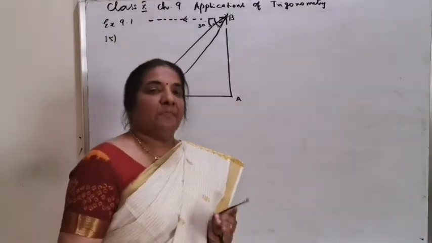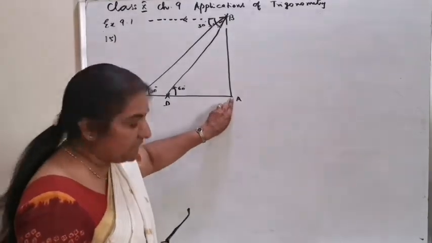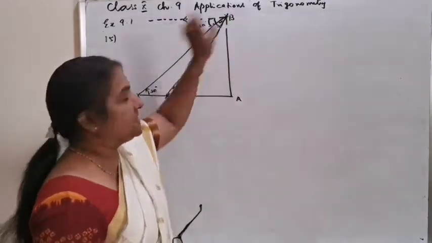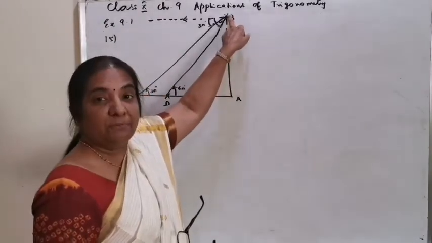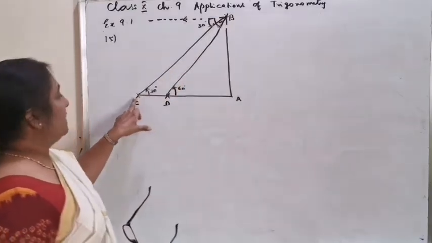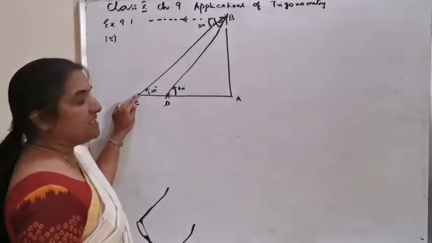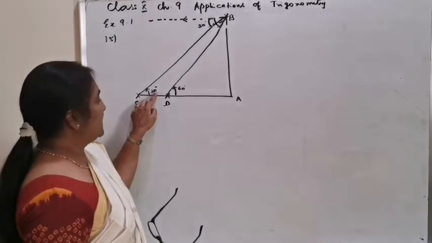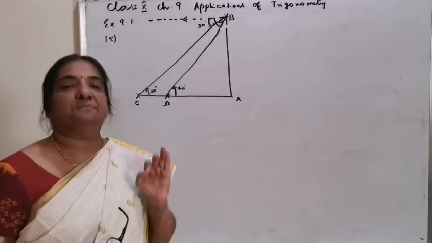Once again, there is a straight highway which leads to the foot of a tower. That means AB represents the tower. The angle of depression from the tower to the car which is moving on the straight highway, the first position is C and the angle of depression is 30 degree. The car was moving with a uniform speed.